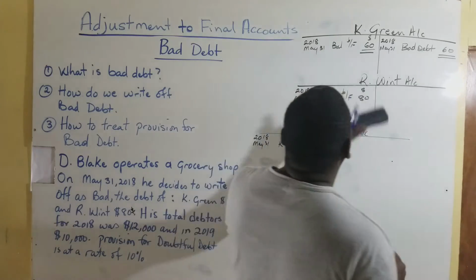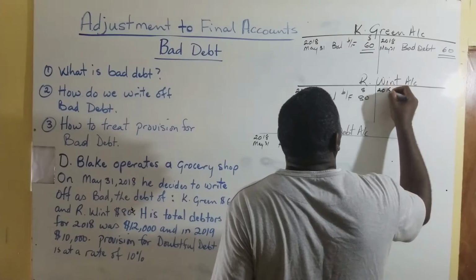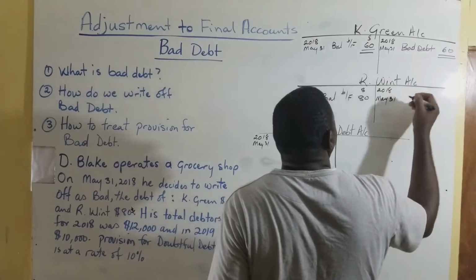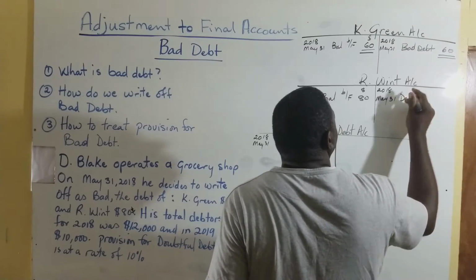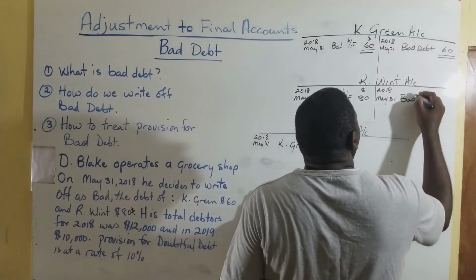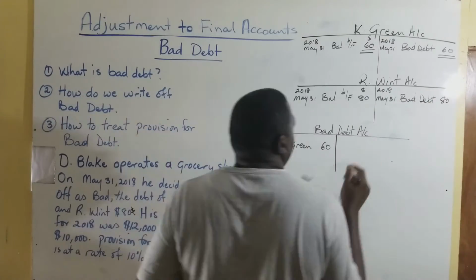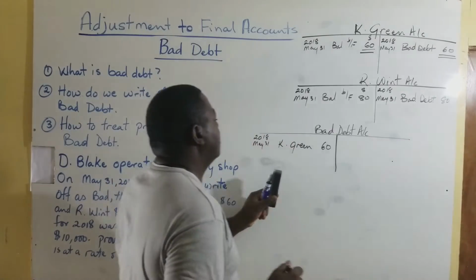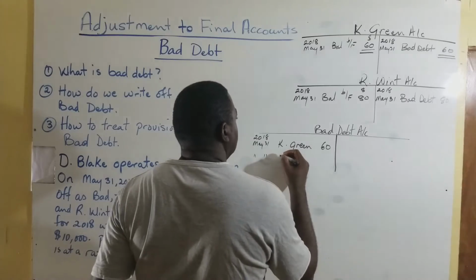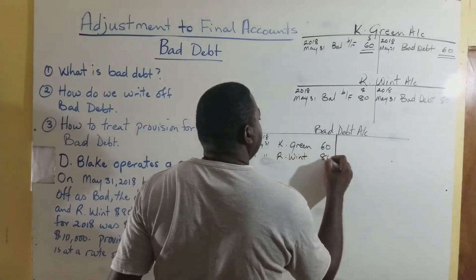So now we're doing it for Wint. So we credit again 2018. It was the same time that we did both of them. So bad debt of $80. And since we have credited, we're going to debit. So it's going to be R. Wint $80.